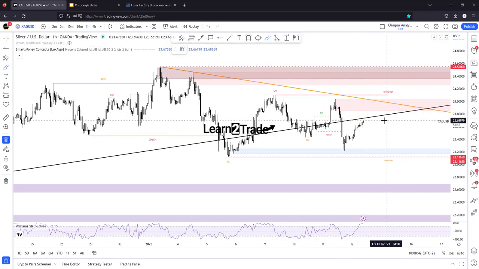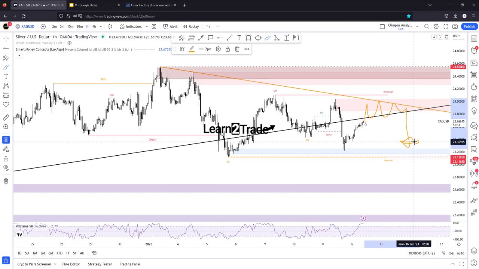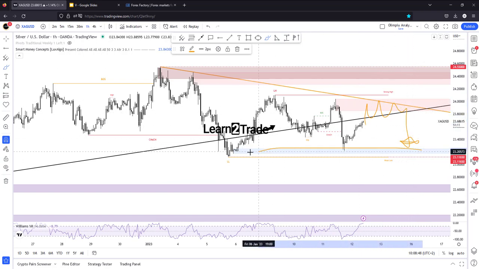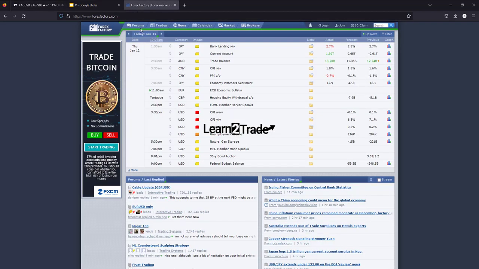And here only tests, retests, false breakouts could signal a potential new sell-off, maybe towards these former lows. So personally, I'm looking for potential new trades in silver. But don't forget that the consumer price index, the inflation data could bring sharp movements in both directions later today.